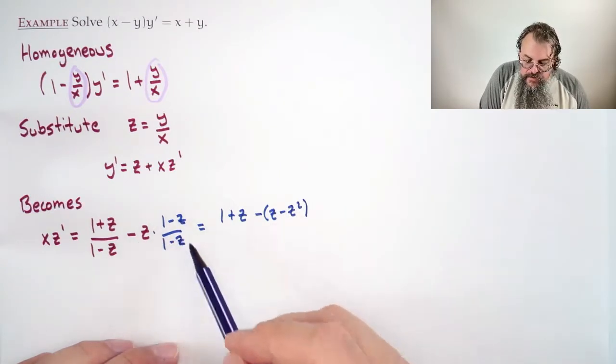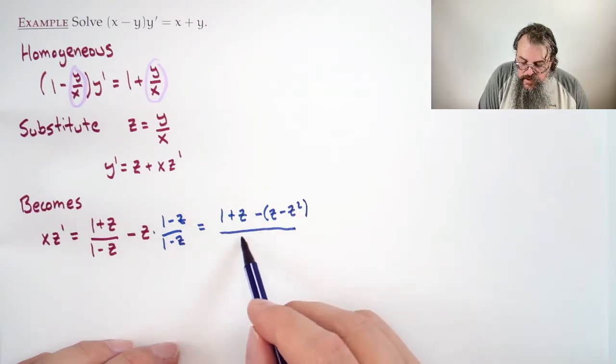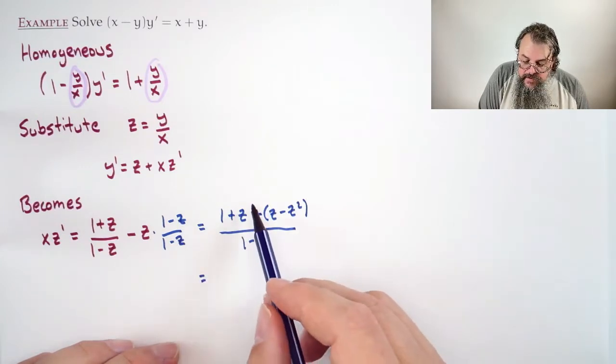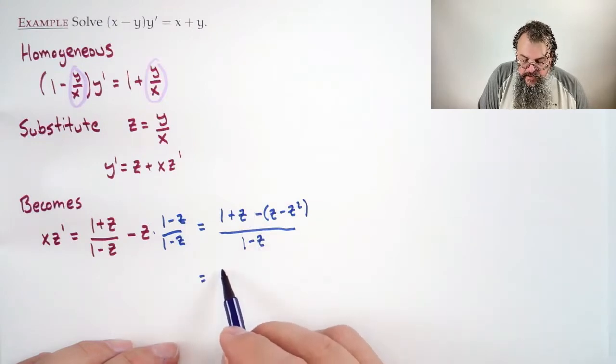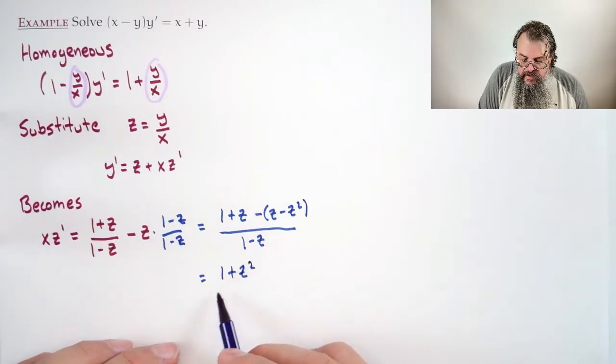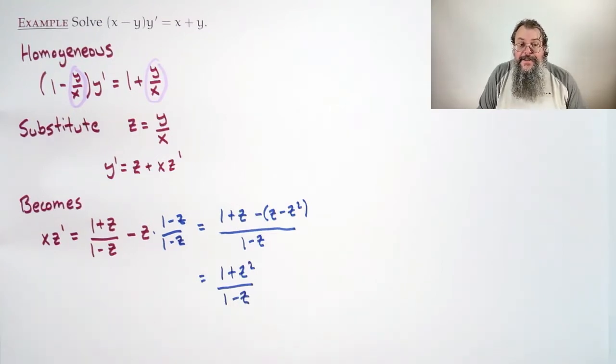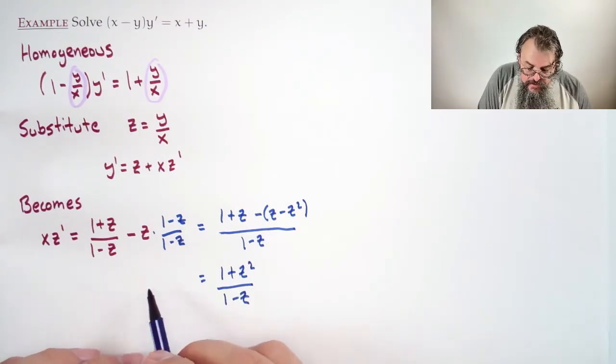So I multiplied the z through over 1 minus z. Okay, well, what's that? Well, the z's cancel, and we end up with 1 plus z squared over 1 minus z.